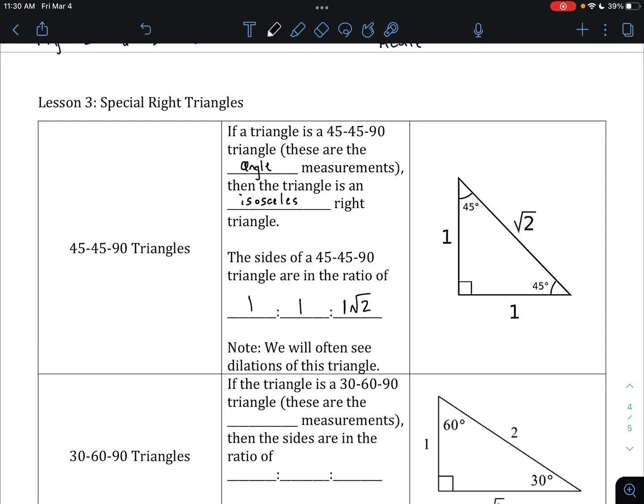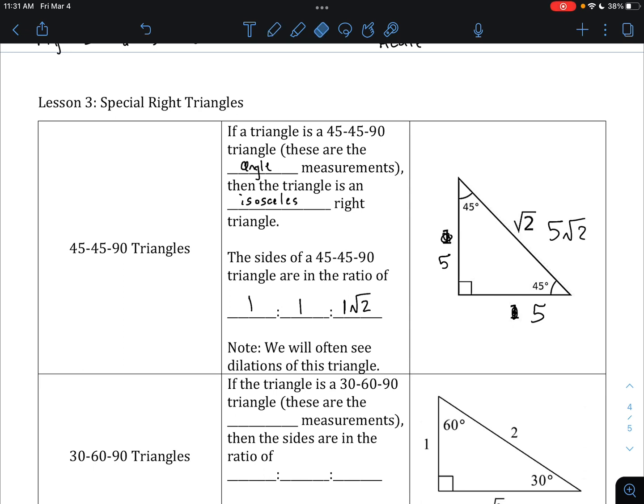So the ratio is 1 to 1 to 1 square roots of 2, but we're often going to see dilations. And actually, that's where we're going to see most of these triangles. So anytime this triangle gets bigger, it's going to be in some kind of ratio. So if the leg is 5, then this leg is 5, and this leg is 5 square roots of 2.